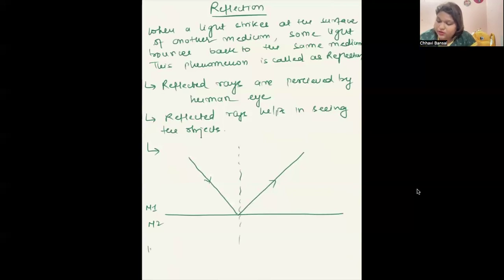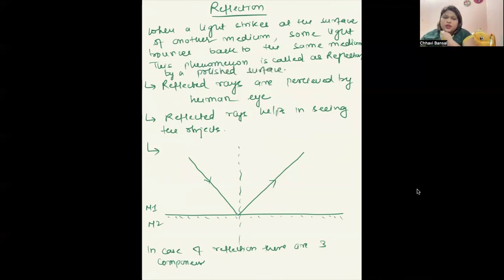So, in case of reflection, there are 3 components. And one more thing, the surface should be polished. Okay. So, same medium by a polished surface. This is important.